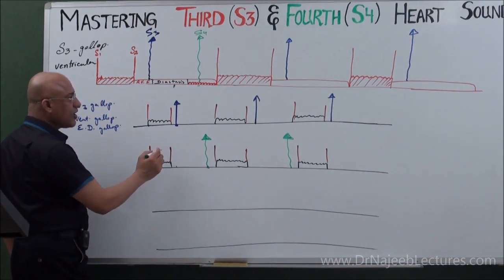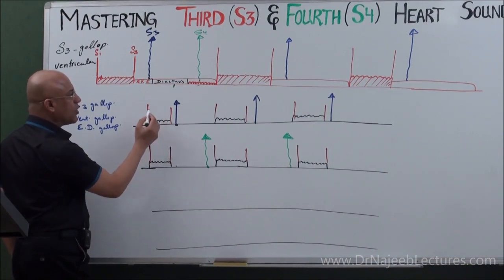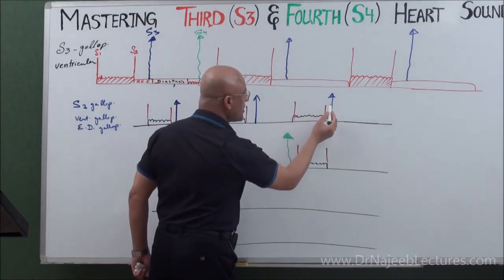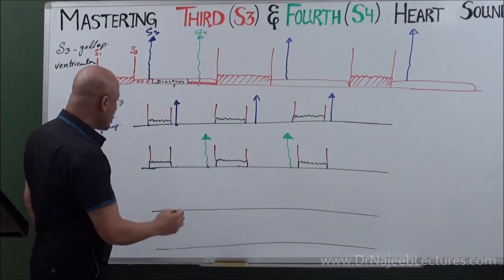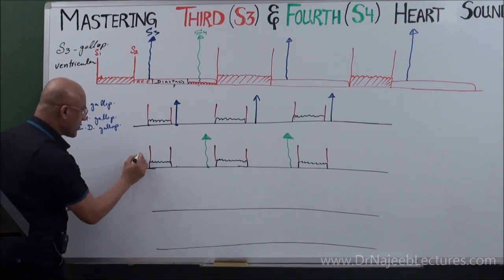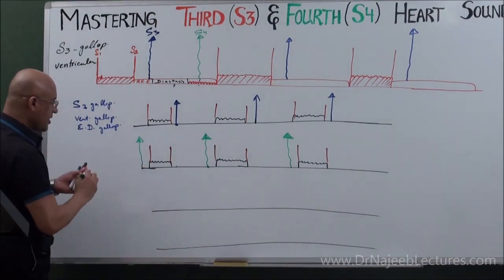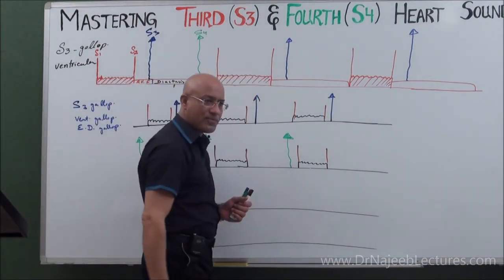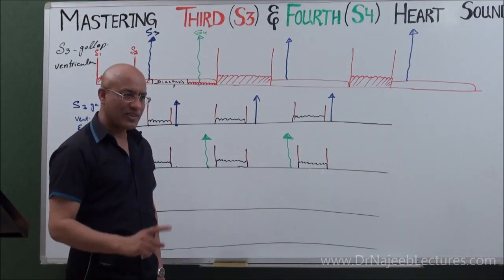If there was a third sound, it was lub-dub-ta, lub-dub-ta, lub-dub-ta. But here, because the fourth heart sound is just before the ventricular systole, it will be ta-lub-dub, ta-lub-dub, ta-lub-dub. Is it clear? Yes.